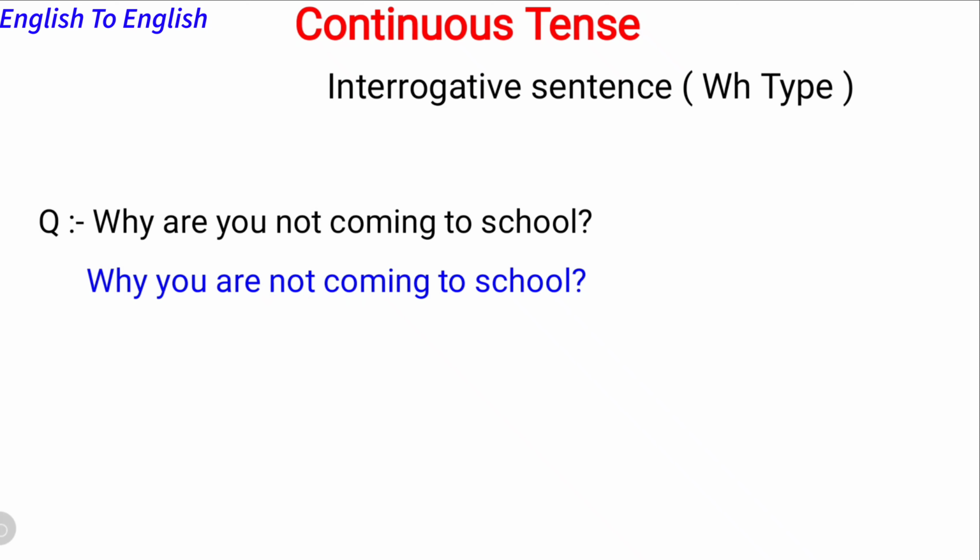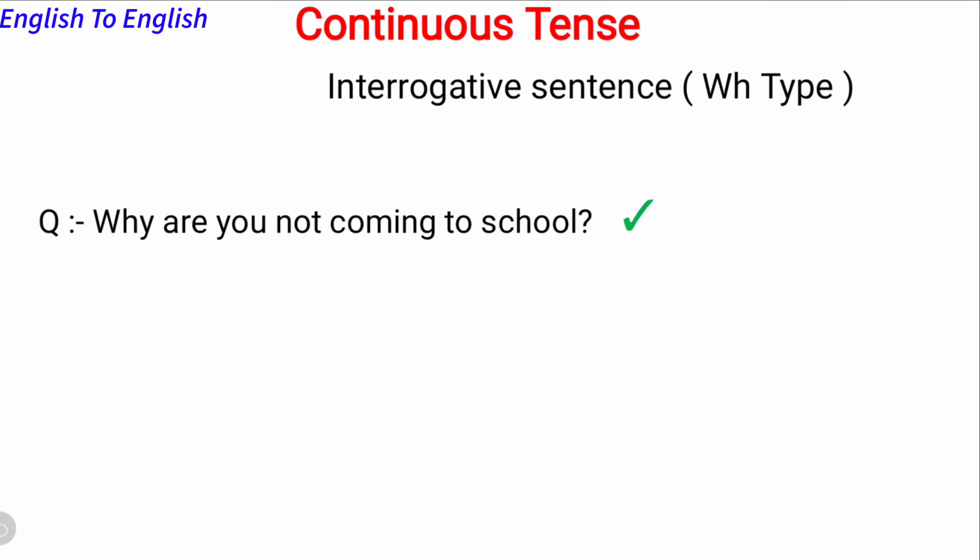Why are you not coming to school? Same question here: why you are not coming to school? Which one is correct? We will know through our structure, but this one is incorrect, because "why you are not coming to school" is not the correct formation of asking the question, and you have to use "why are you not coming to school."